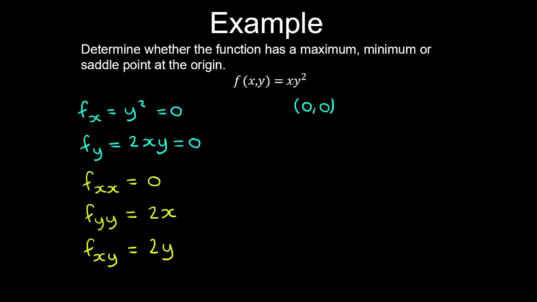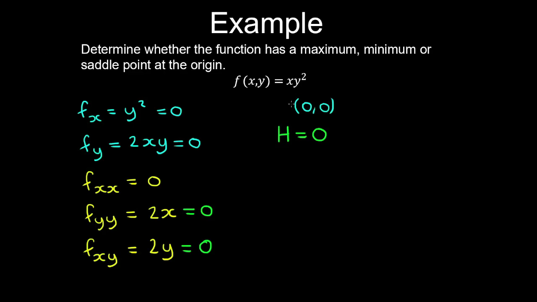So at the origin, all of these derivatives evaluate to 0, and therefore the Hessian is equal to 0. So the second derivative test does not provide us any information on the nature of the critical point.